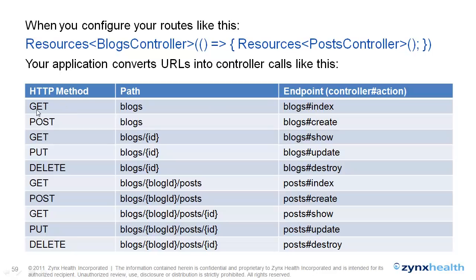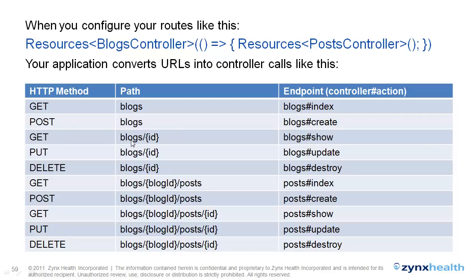If you do a get against the URL blogs, and we're just assuming the domain part to the left of the path here, then the controller that is invoked would be the blogs controller, and the action method on it that would be called would be index. If you post it against the blogs path, in other words, if you're looking to create a new blog, then you would call, what do you know, the create method on the blogs controller.